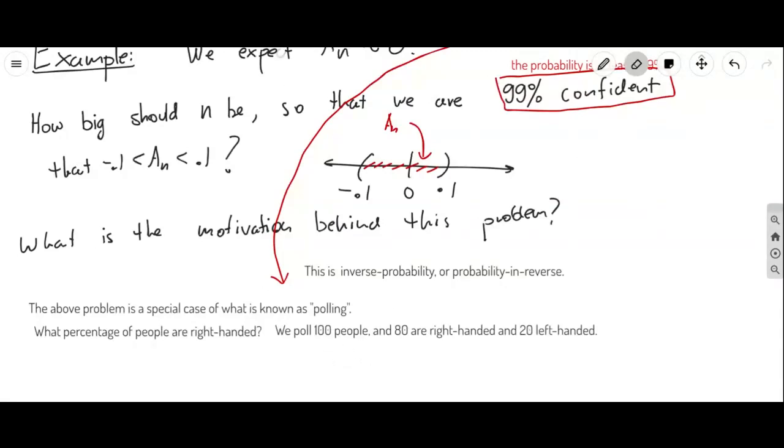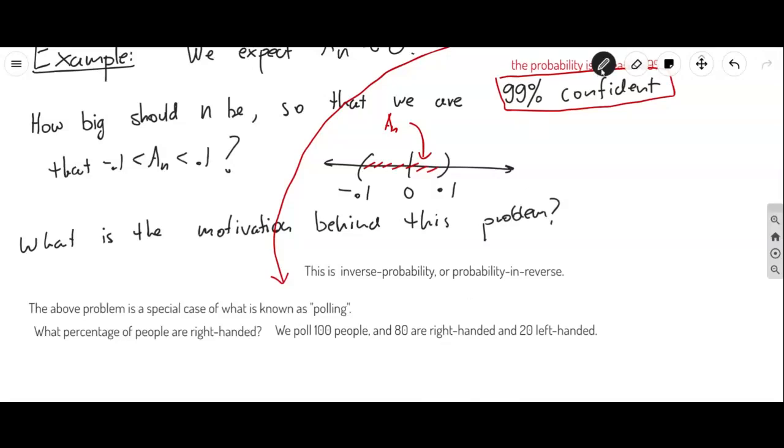Perhaps whether someone is right-handed or not is genetics, so you're not going to ask people from the same family if they're right or left-handed. You're going to have some method. Maybe you just take random telephone numbers or something like that, but you pick people in an independent way, and you get 100 independent people that have nothing to do with each other, and you just ask them which of these two is applicable for them, and this is what you find.